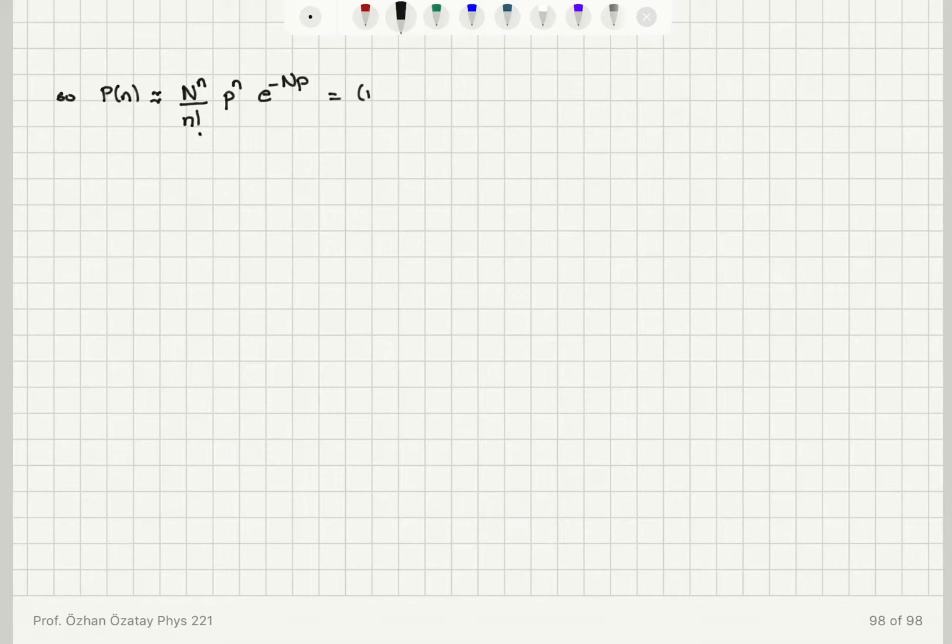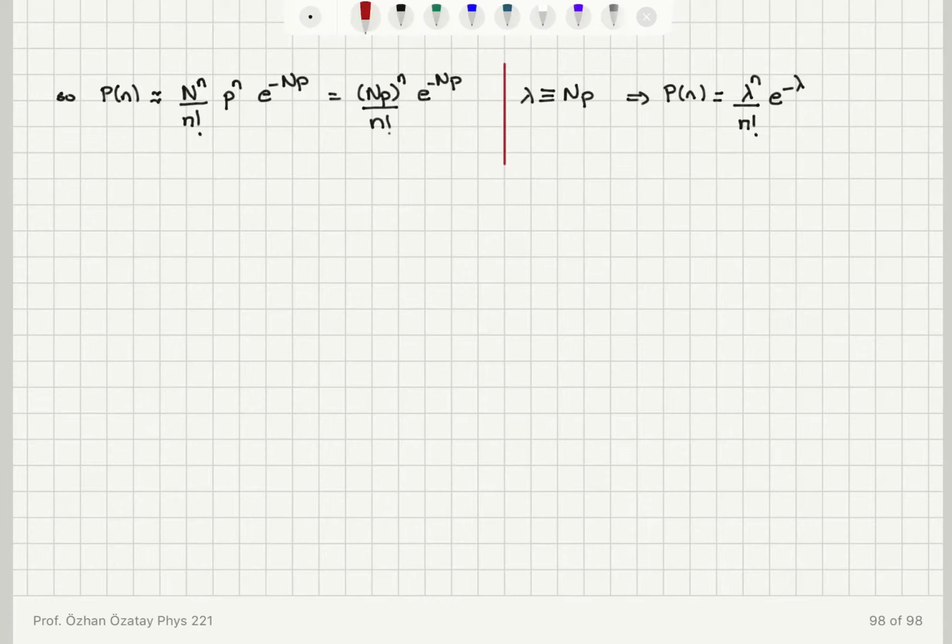So this is Np to the power n, exponential minus Np, divided by n factorial. And if I define lambda to be capital N p, then this distribution will be given by lambda to the n divided by n factorial, e to the minus lambda.